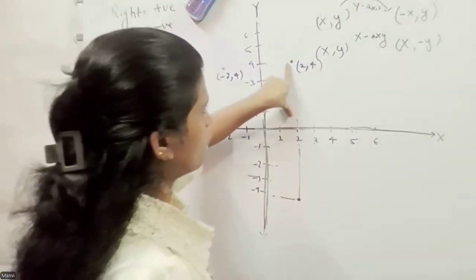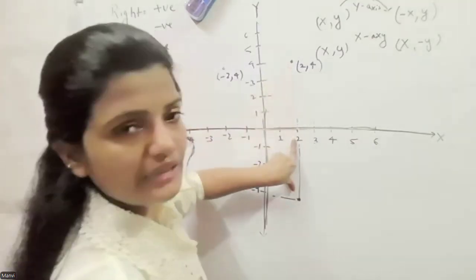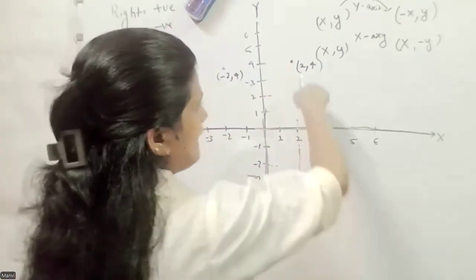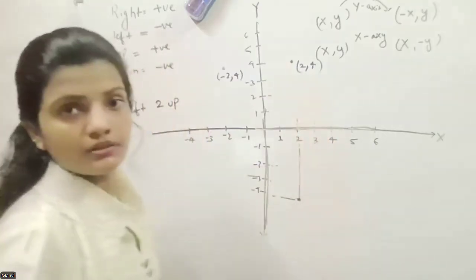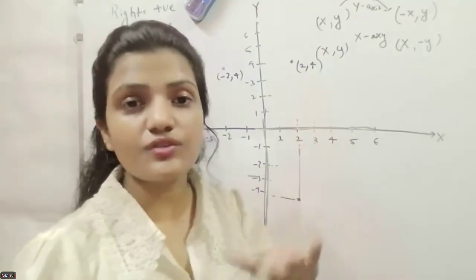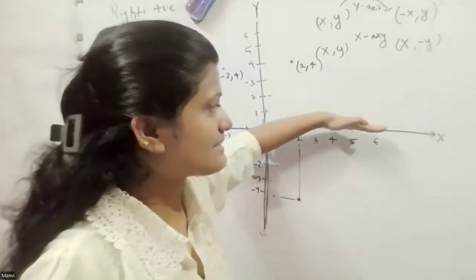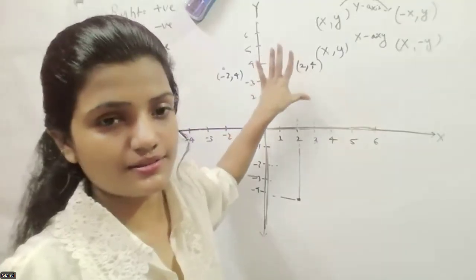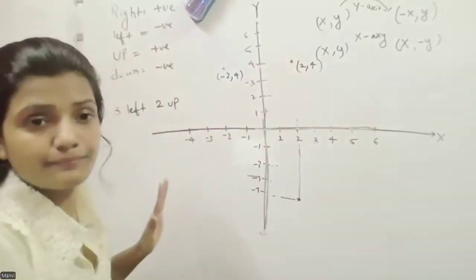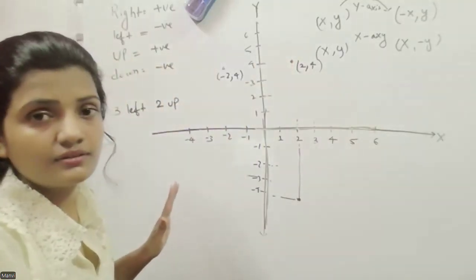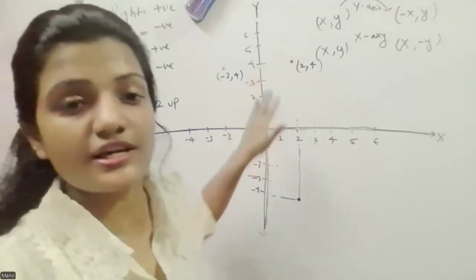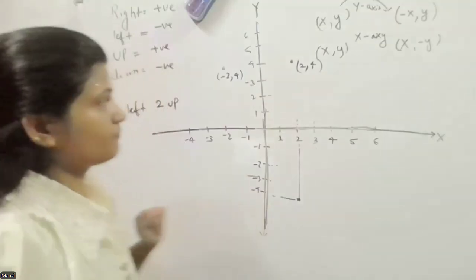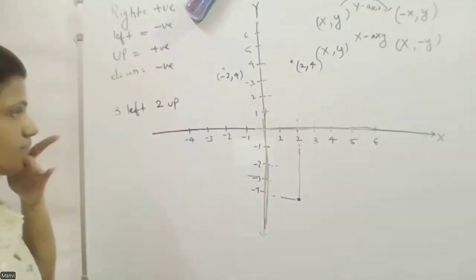So it will be 2, and x stays the same. Whichever axis we are reflecting in, if we reflect in the x-axis, then write the x value as it is, because the value of x stays the same, right? We just need to change the value of y. Okay? Okay.